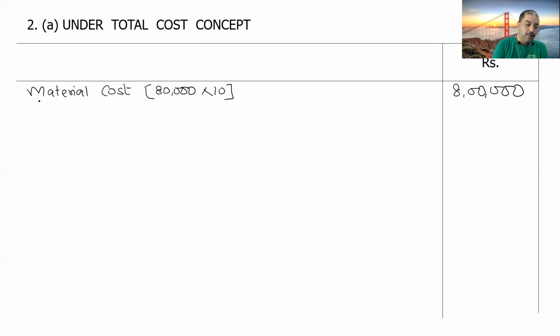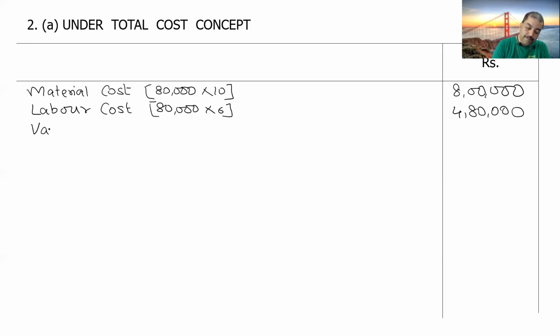Labor cost: 80,000 into 6, 4,80,000. Variable factory overheads: 80,000 into 4, 3,20,000.